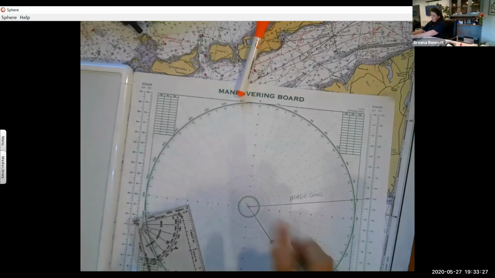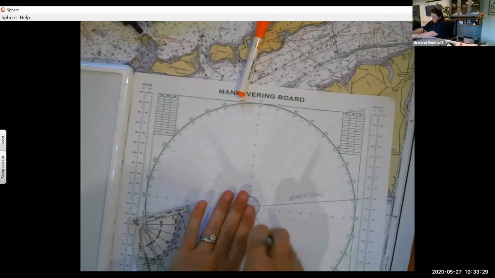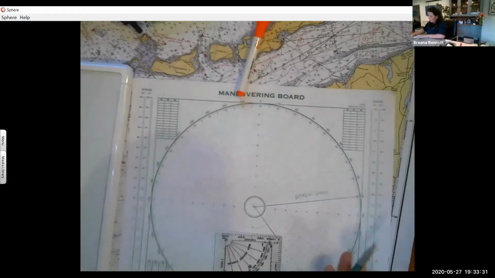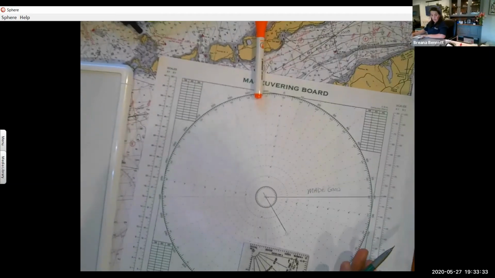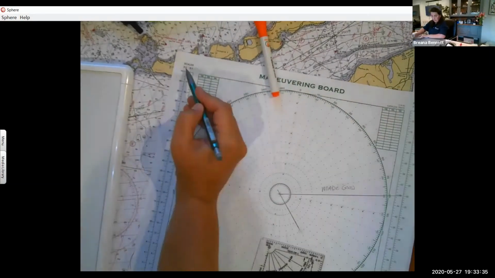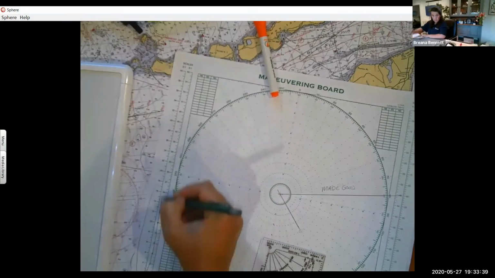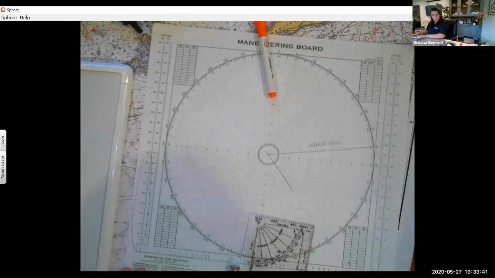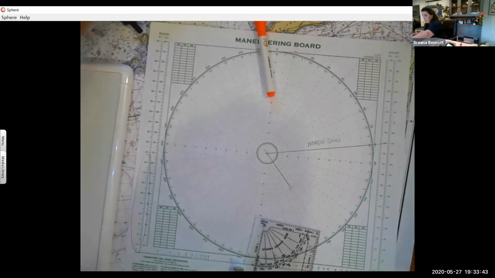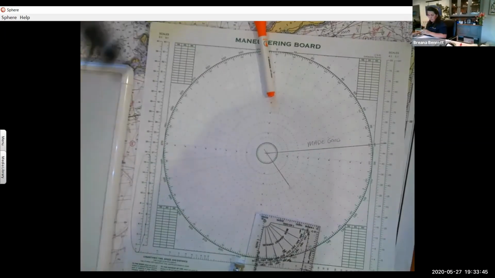You know what? I'm going to use the 2-to-1 scale actually, because I'm going to go off the chart here. So I'm going to use 2-to-1. So I'm just going to circle what I'm going to use here. And I'm going to find 4 knots.